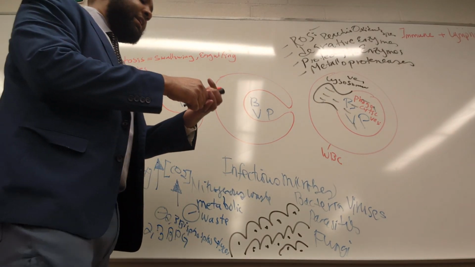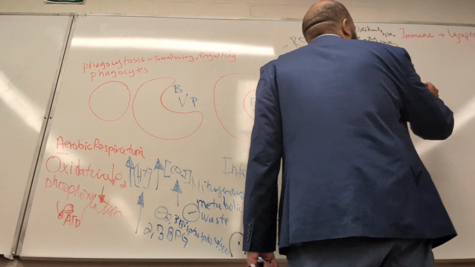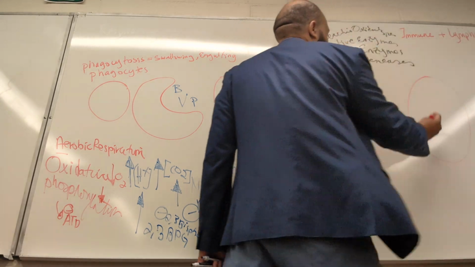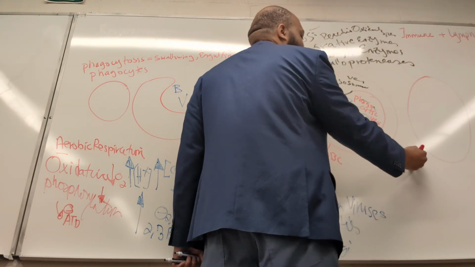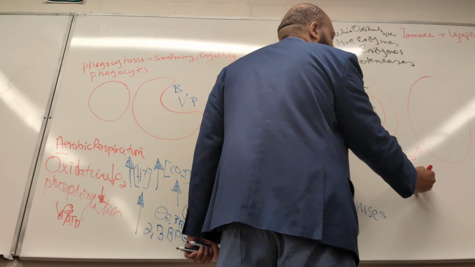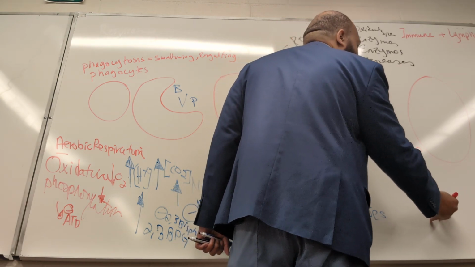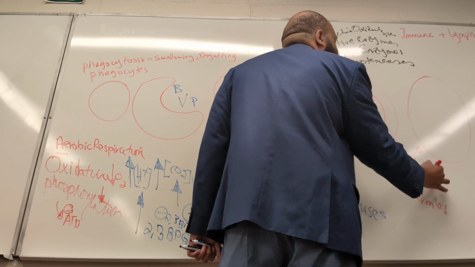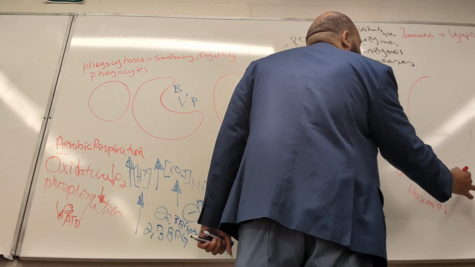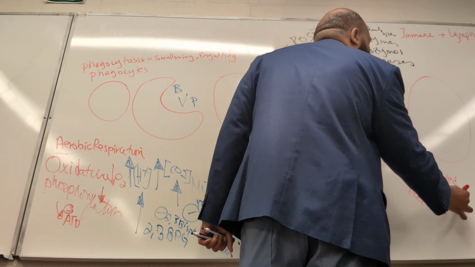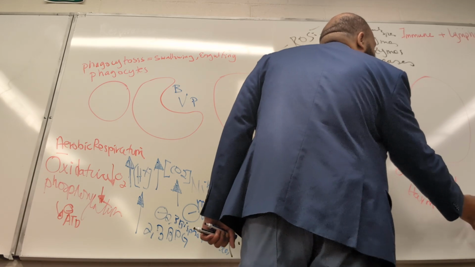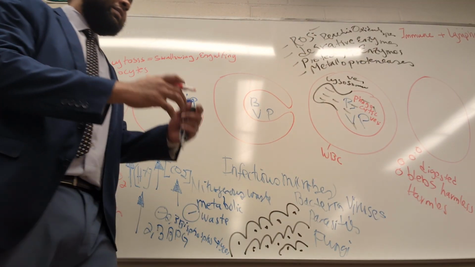And when they break it down, then your white blood cell is going to excrete them out like little blebs that are harmless, digested blebs, harmless blebs, because now they are destroyed.